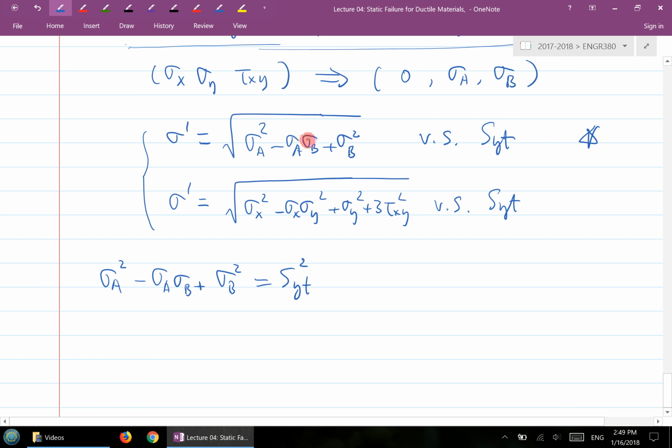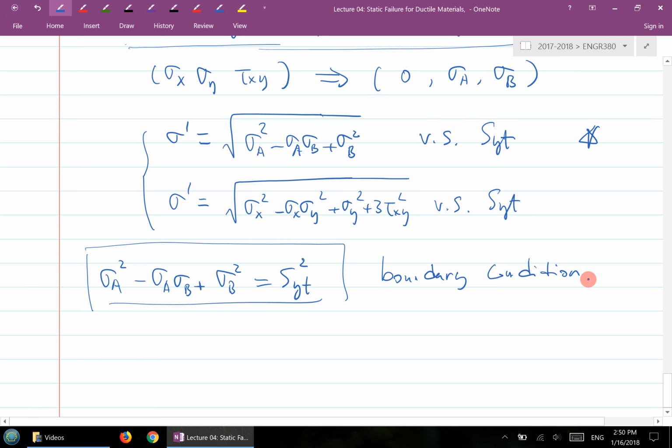If I let this equal SYT and then square each side, I get a boundary condition. Outside the boundary it's unsafe. Inside the boundary it's safe. That's basically what this means.